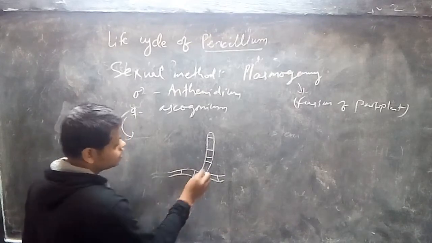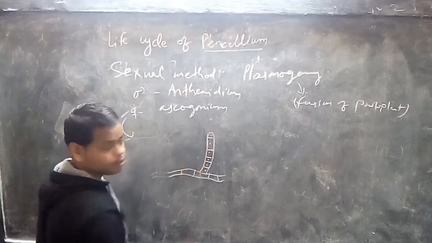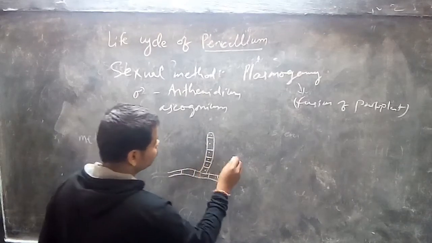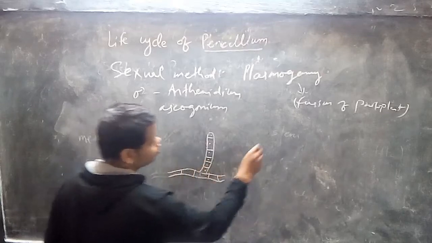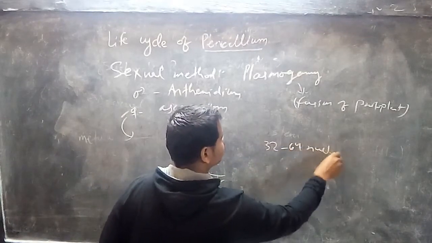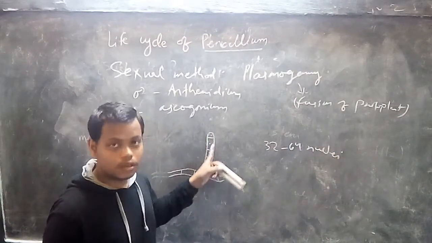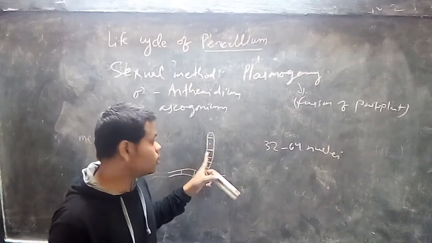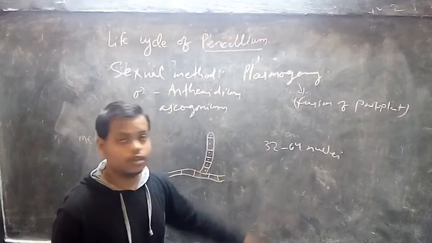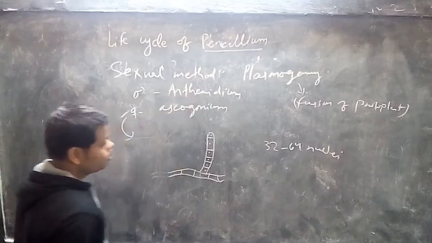They are generally formed uninucleate, but they grow, divide and redivide to form 32 to 64 nuclei. Okay, when they are newly formed, they are in the uninucleate condition. A single nucleus is present, but after their growth and development, that single nucleus is divided to form 32 to 64 nuclei.